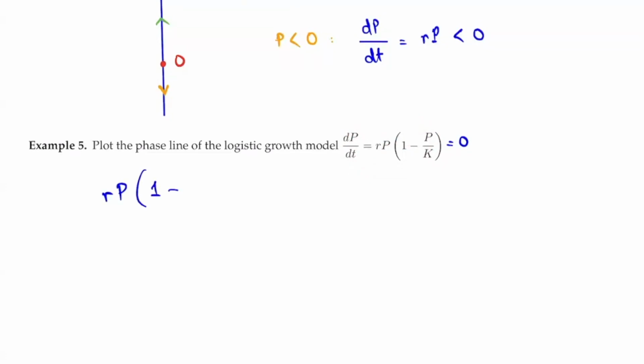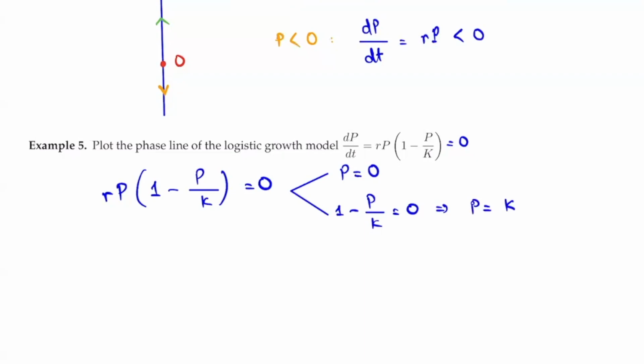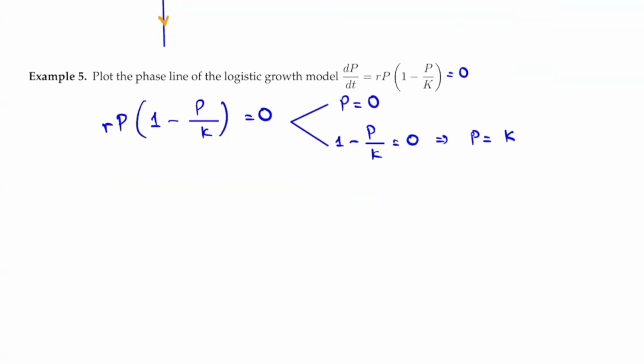R times P times (1 minus P over K) equal to 0 indicates that you have P equal to 0, and you have another case where 1 minus P over K equal to 0, or P equal to K for that matter. So there are two critical points or two equilibrium solutions.